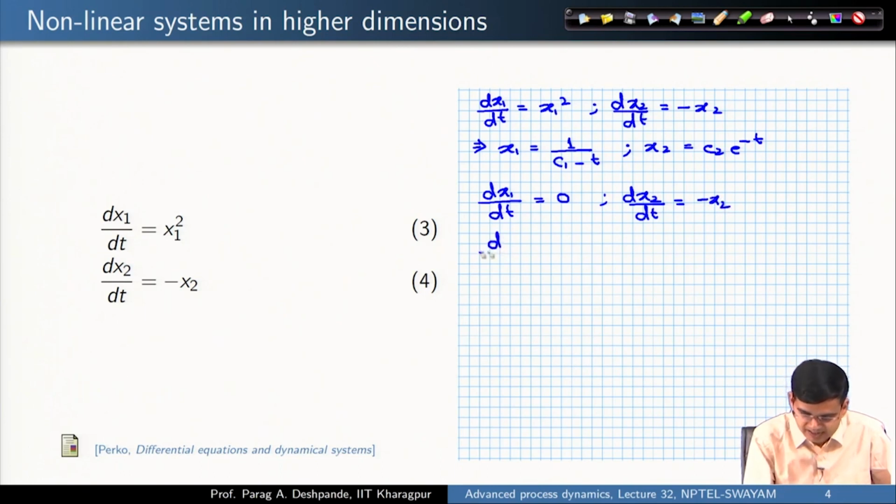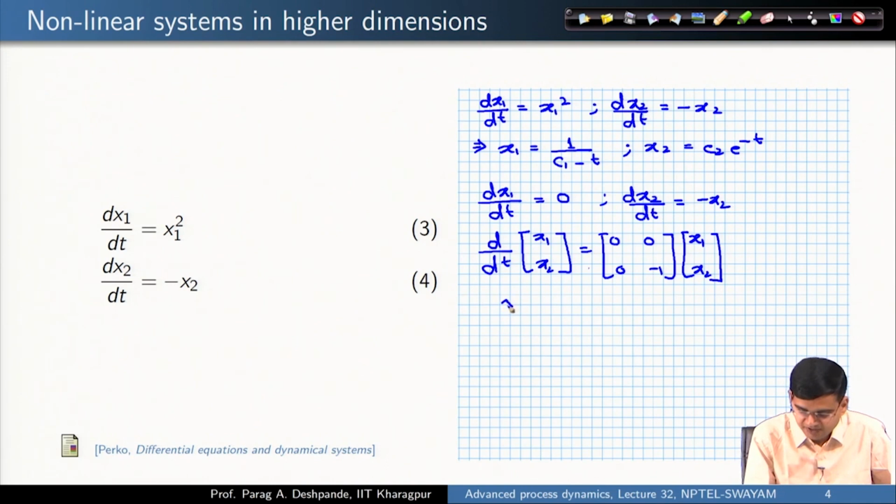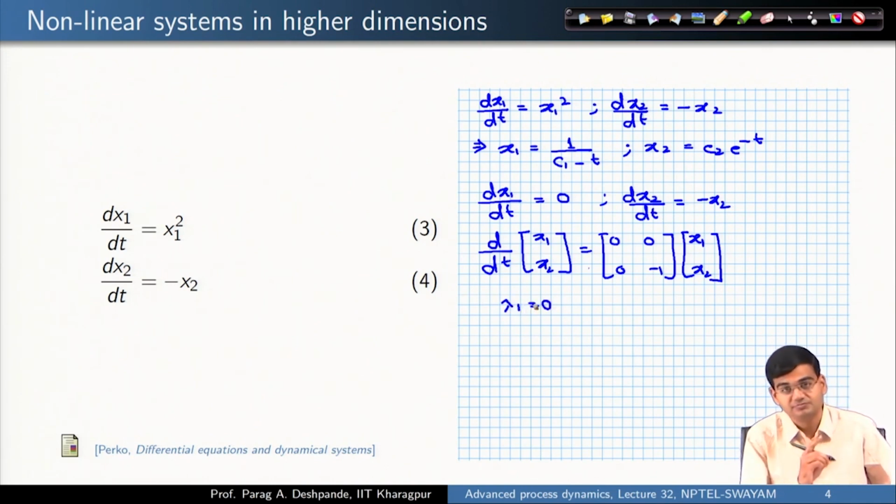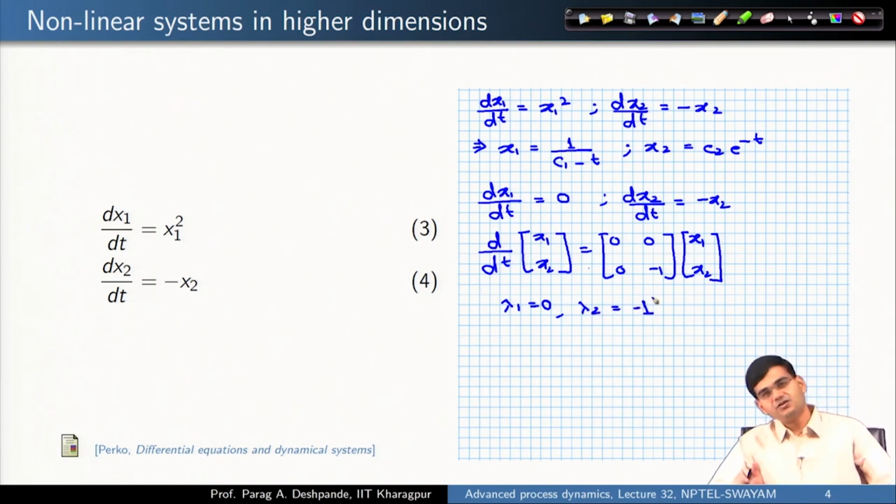So, my linearized equation would be d/dt of (x1, x2) equals the matrix [0 0; 0 -1] times (x1, x2), where my first lambda is 0, which is important, and the second lambda is minus 1. Let us now compare the behaviors of these two cases.